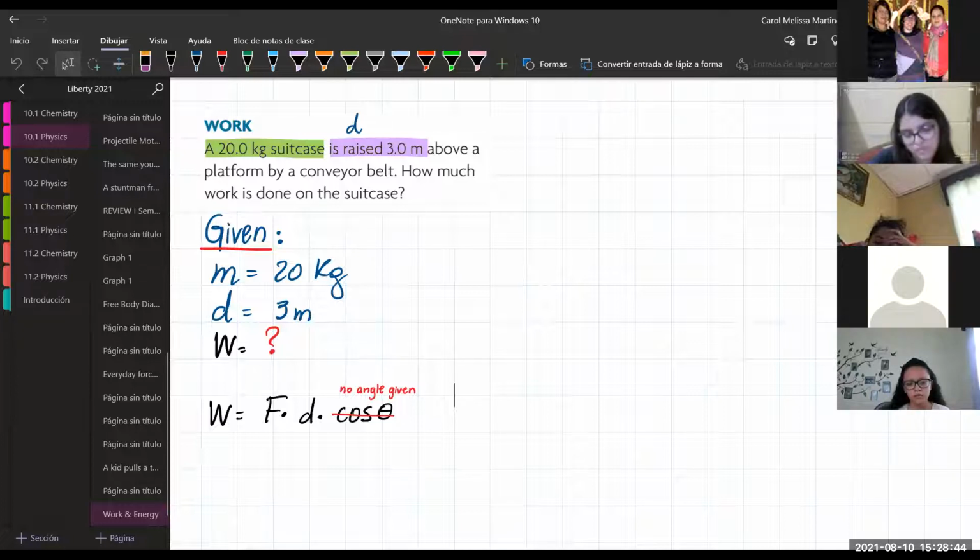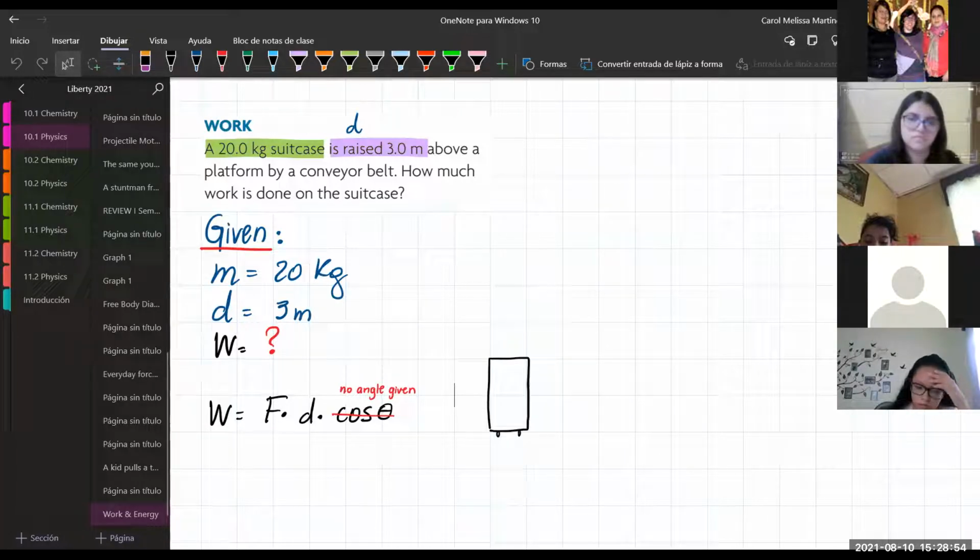Now, I'm going to sketch the problem. I'm going to sketch the suitcase, it's beautiful, okay? To make it more realistic. You see it, and that's a suitcase, okay? Even better. Now, this suitcase is 20 kilograms.